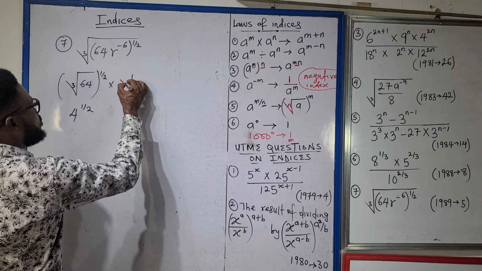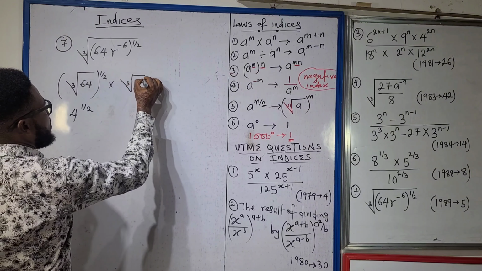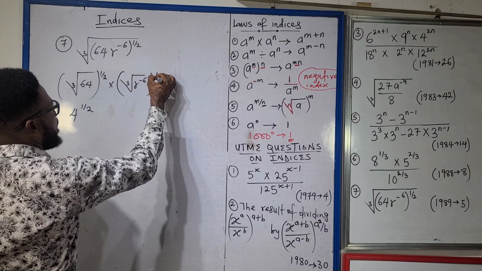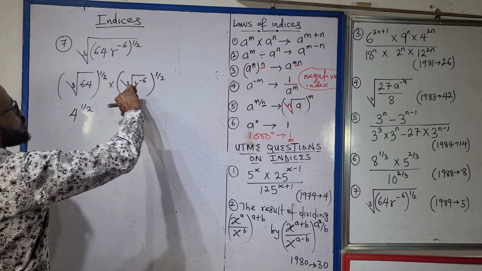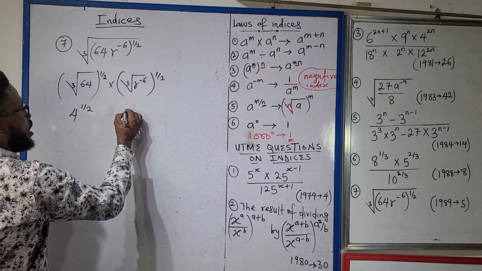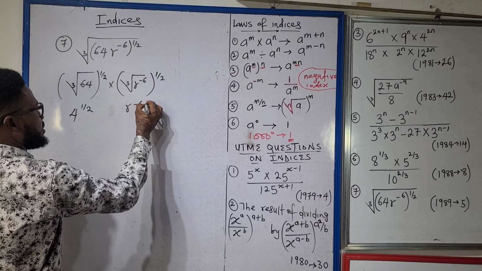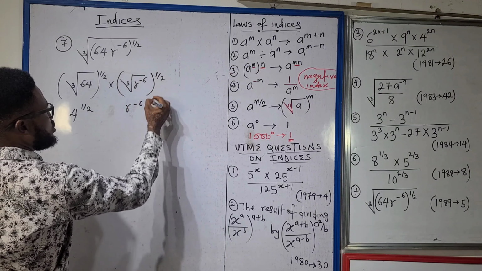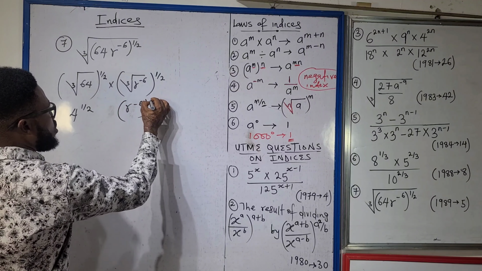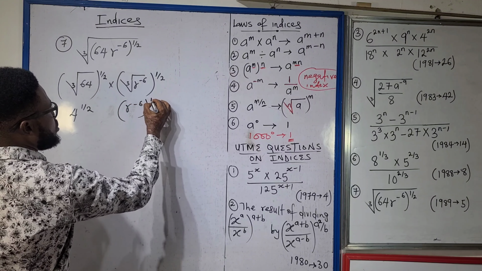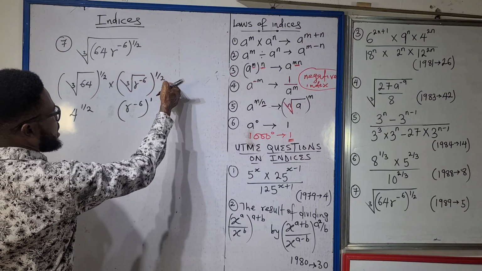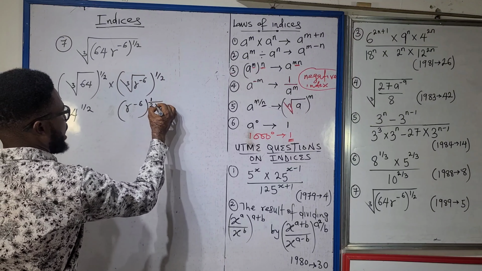You're looking at cube root of r raised to power minus 6, everything raised to power half. Of course, if this cube root comes here, it becomes r raised to power minus 6 over 3, and then this will be 1 over 2. This 3 is coming down here, divided by 2 times 3.